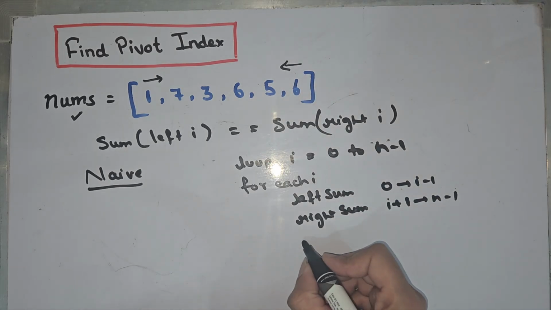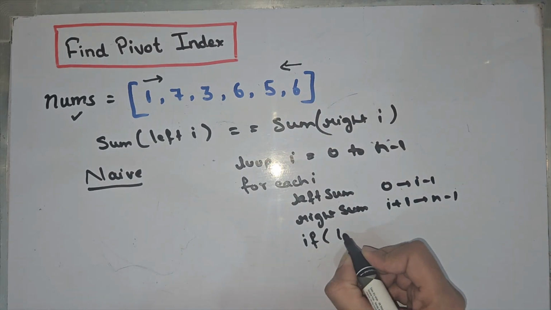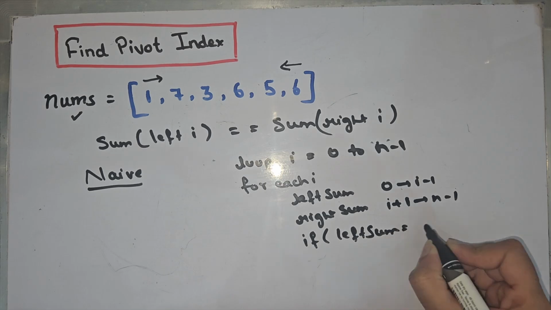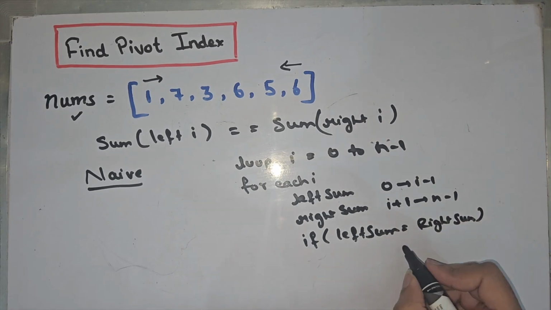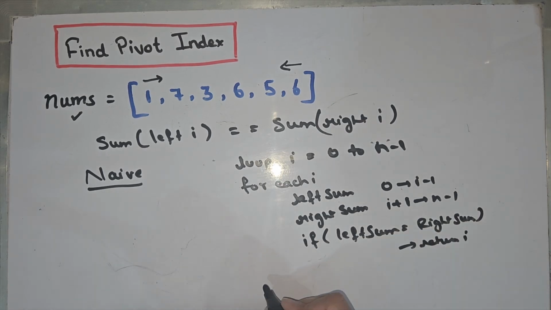And we will compare if left sum is equal to right sum. Then we need to return this i. Else, if after running all these we don't have anything, we will return minus 1. So this is the naive solution.